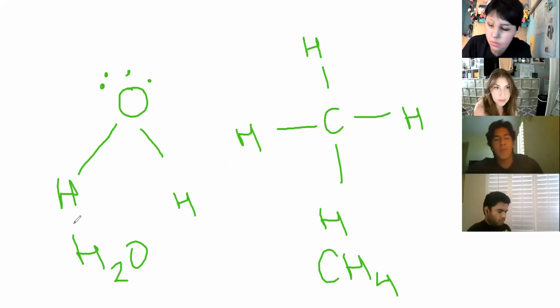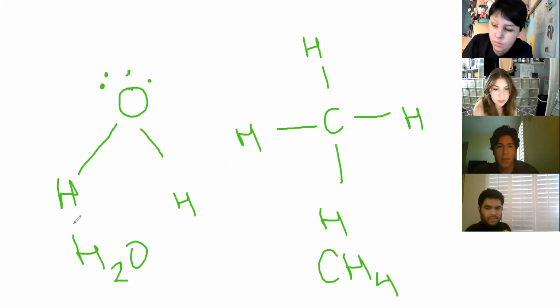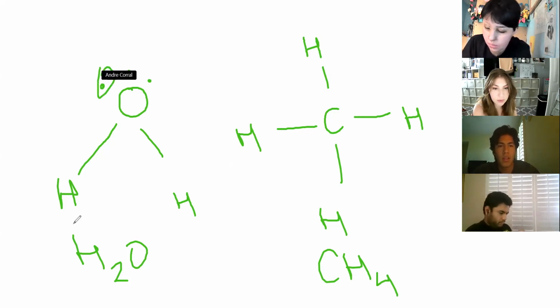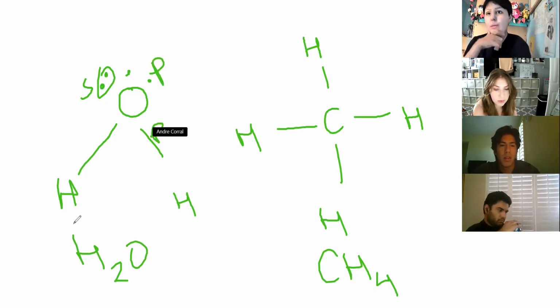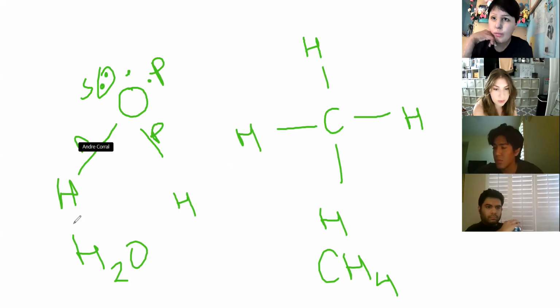So let's figure out the hybridization first, since that's what we've been looking at for the most part. Let's figure out what the hybridization for water is. SP3, right? Because S, and then P, and P. And remember, to figure out the hybridization for the entire molecule, we're looking at the central atom.